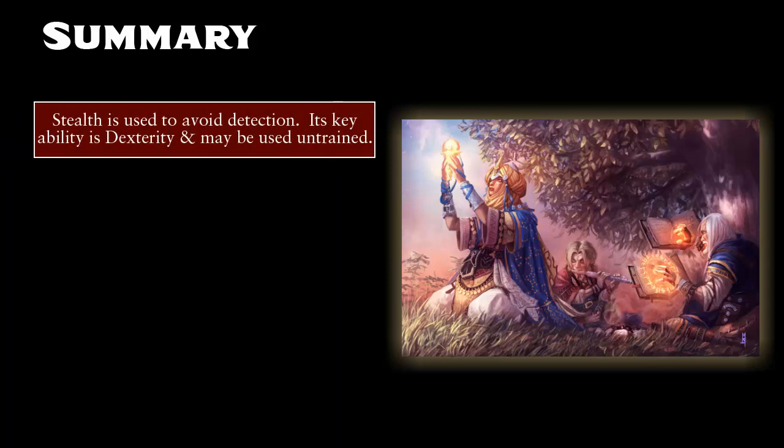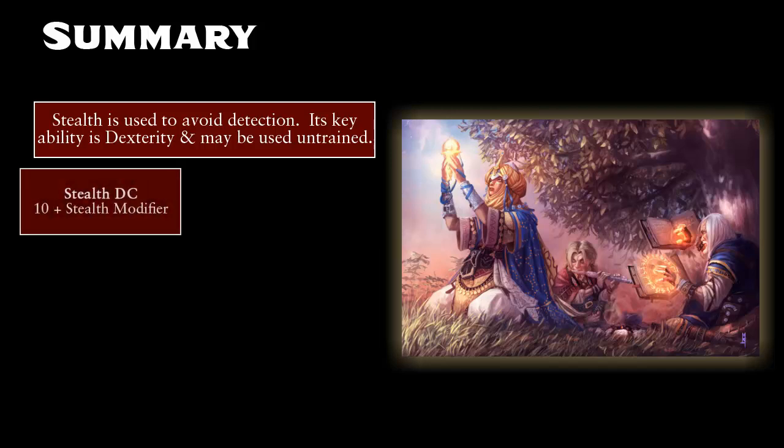In this video we discussed the stealth skill. The key ability for stealth is dexterity, and all stealth actions can be used untrained. When a character's attempt to hide is challenged during another character's turn, the seeking character rolls their perception, which is challenged by the hiding character's stealth DC.